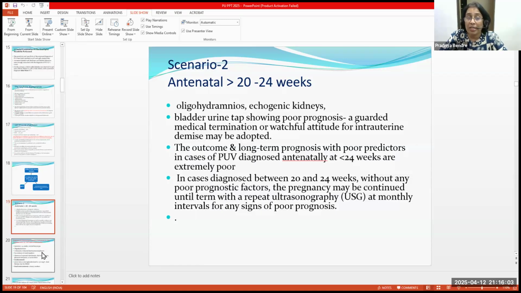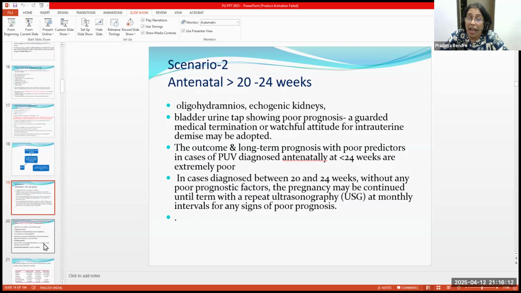So once a patient comes in beyond 24 weeks, the challenge for the pediatric surgeon is to decide whether they require any antenatal intervention. And antenatal intervention should be not too early, not too late.